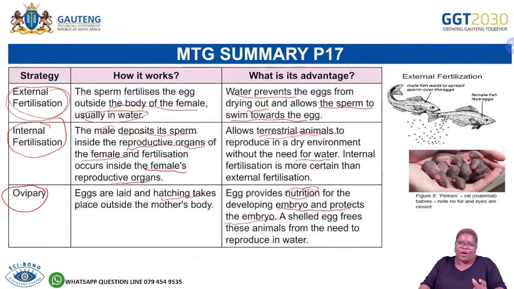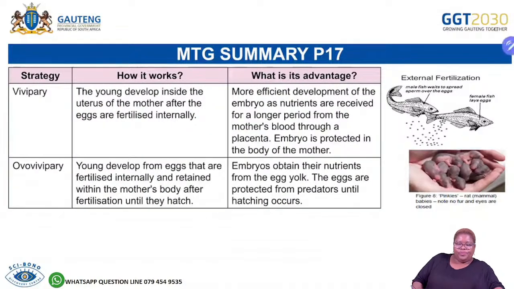Nutrition. Remember, once we have got fertilization taking place, we are expecting what? A zygote to be formed. Then we'll be having those developmental stages. But then with those developmental stages, now those will need what? Nutrition for development to take place. So the embryo needs to develop and grow, right? A shelled egg frees these animals from the need to reproduce in water.